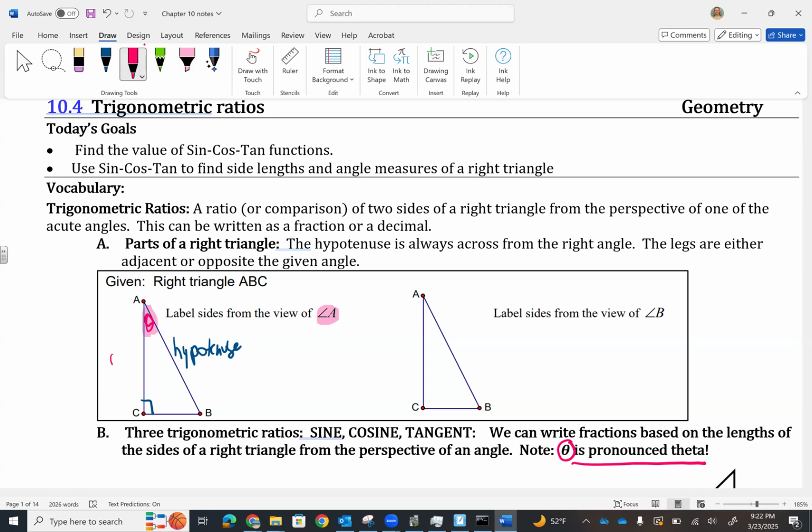So this is the adjacent leg because it's touching that angle. The two sides that make it would be the hypotenuse and the adjacent leg. The leg that's not touching that angle, who's across from it, is going to be called the opposite leg.